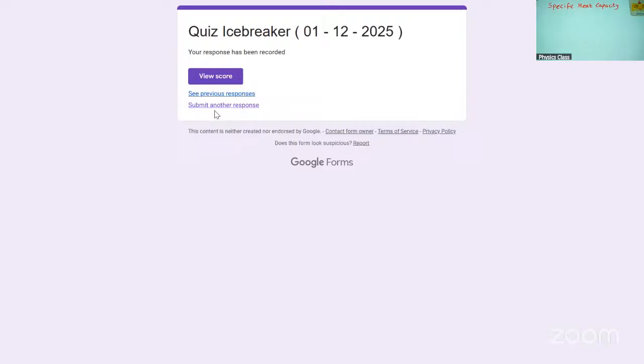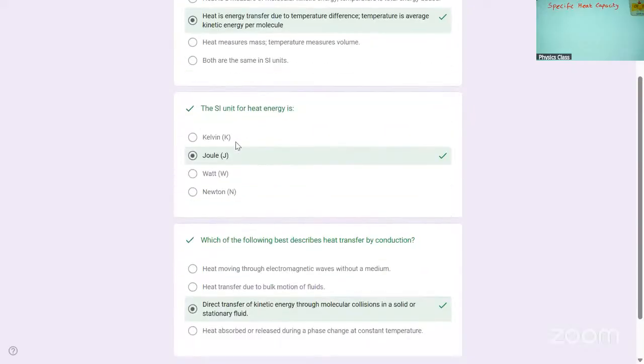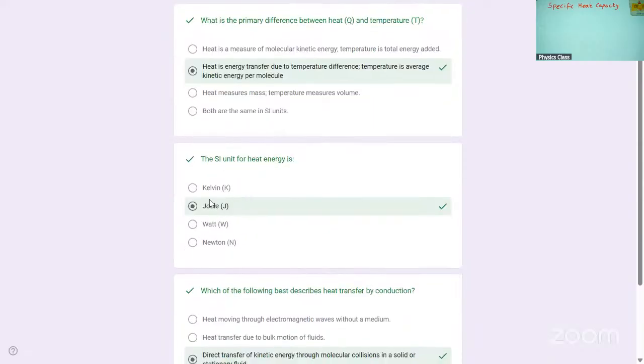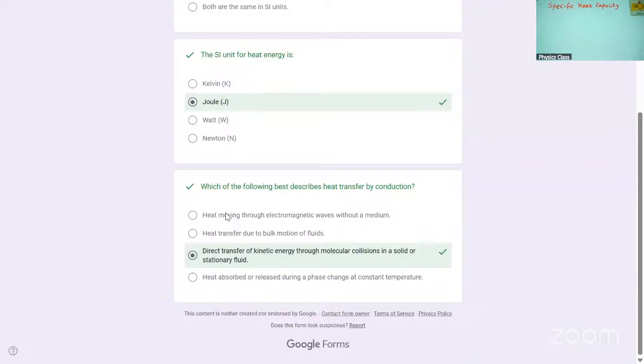So, we can check the answers. First one, heat is transfer due to the temperature difference, and temperature is the average kinetic energy per molecule. Second one, SI unit of heat energy, joule. And the third one, heat transfer by conduction: direct transfer of kinetic energy through molecular collisions.